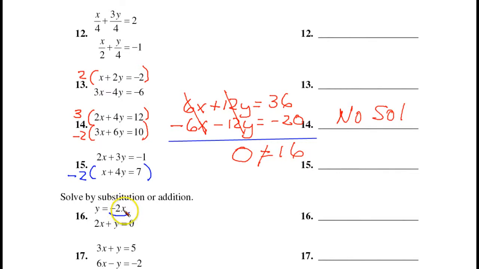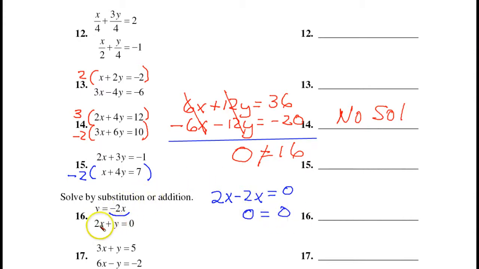Okay? And let's do that one, by the way. So here we're saying 2x. Now y is a -2x, so -2x equals 0. And notice what happens here. 0 equals 0.